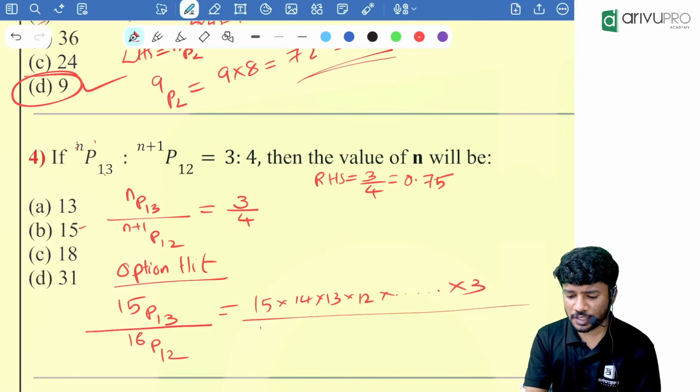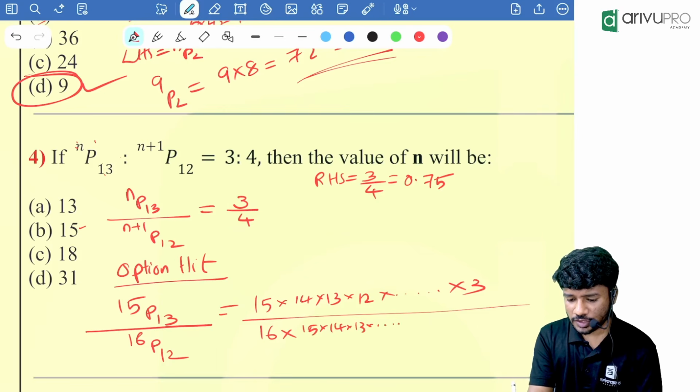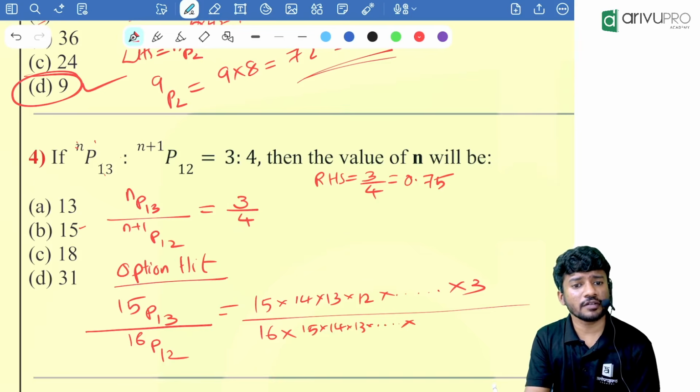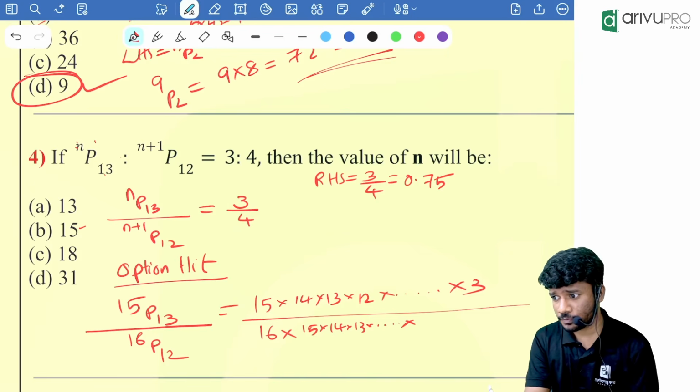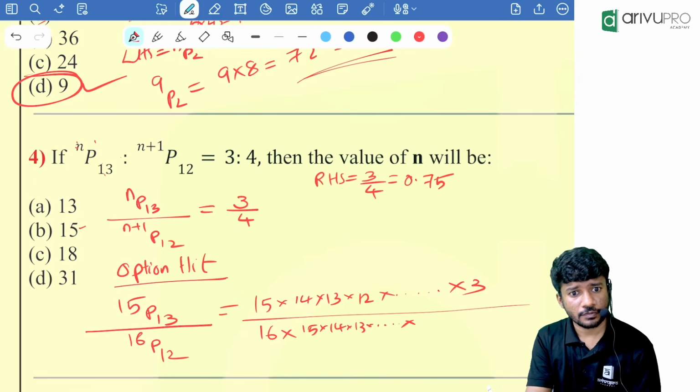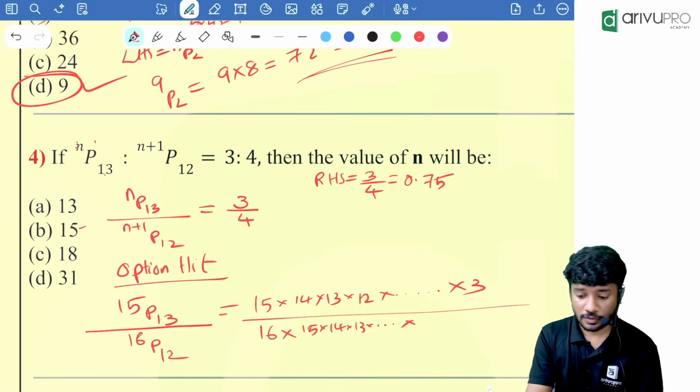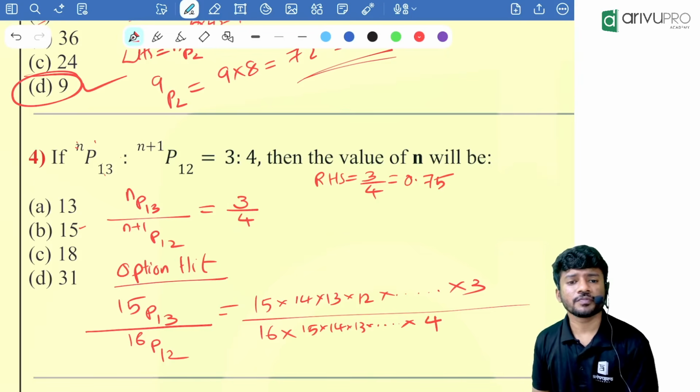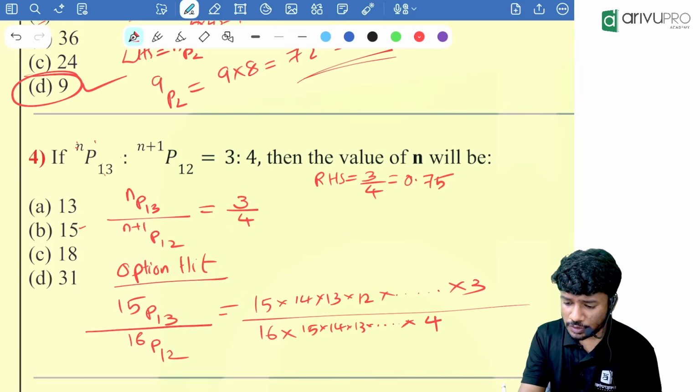Now similarly, 16P12 will be what? 16 into 15 into 14 into 13, and so on, till what number? Till 5? Till 4 or 5? Okay, till 4. That means into 3 into 4.